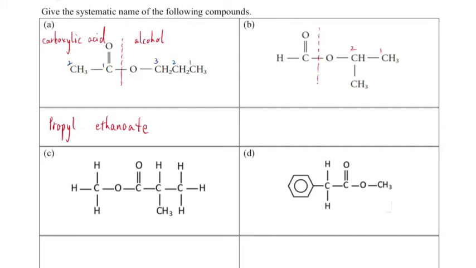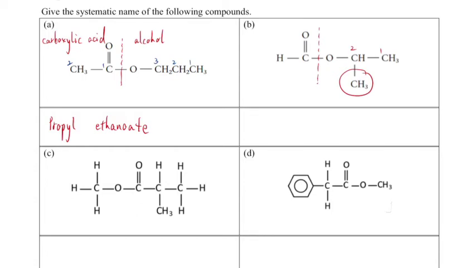So the longest chain has 2 carbons in it, and we have a branched methyl group attached to the longest carbon chain. And on the left hand side, it comes from the carboxylic acid. Only 1 carbon in it, so that's methanoic acid.